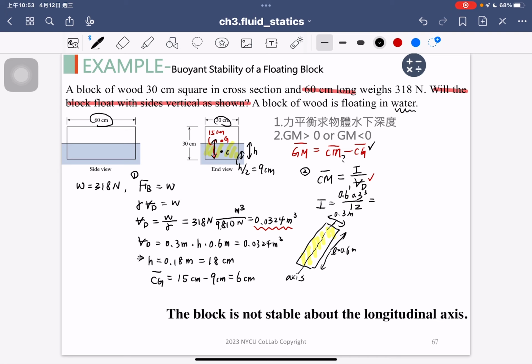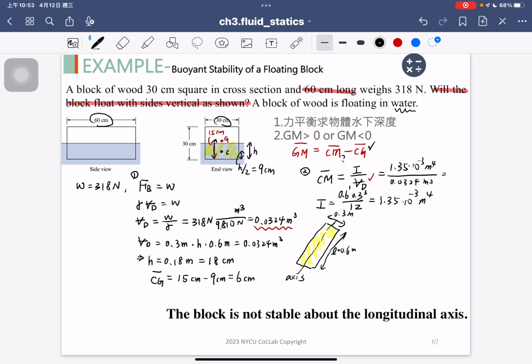So I is equal to 1.35 times 10 to the minus 3 meters to the fourth power. So we put the answer back here: 1.35 times 10 to the minus 3 meters to the fourth divided by the total displaced volume, 0.0324 cubic meters.